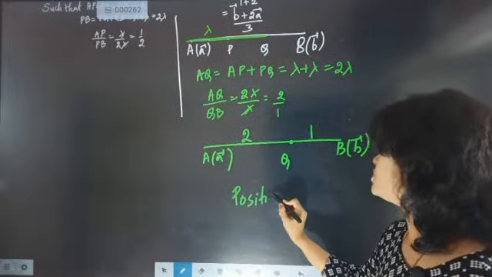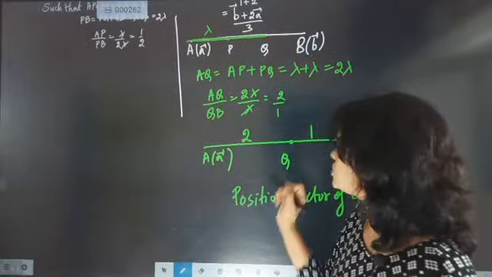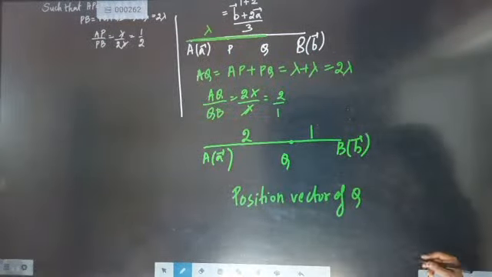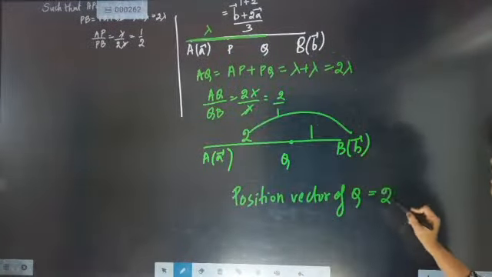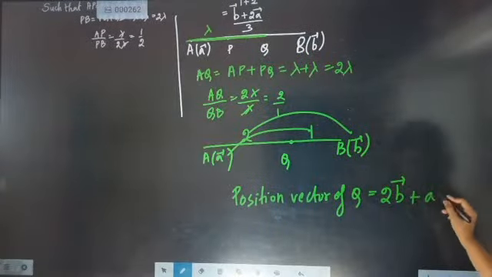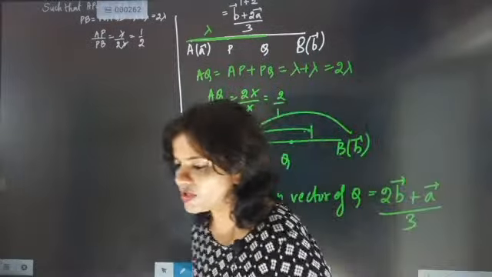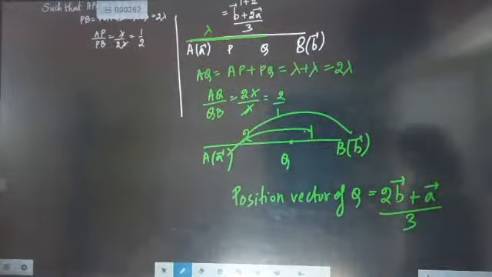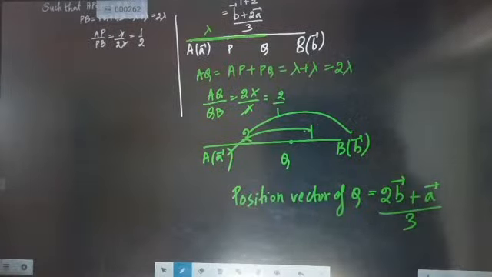Position vector of Q means 2 will multiply with the B vector, so it becomes 2B vector. 1 will multiply with the A vector, so A vector, and the 2 and 1 get added, so it becomes 3. So the answer will be 2B vector plus A vector by 3.